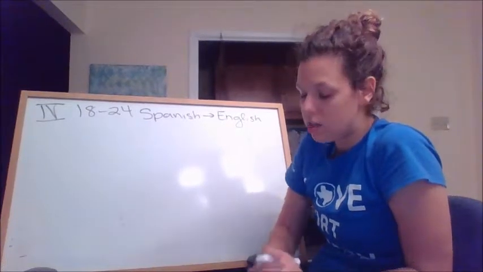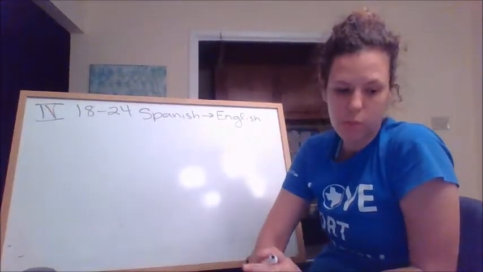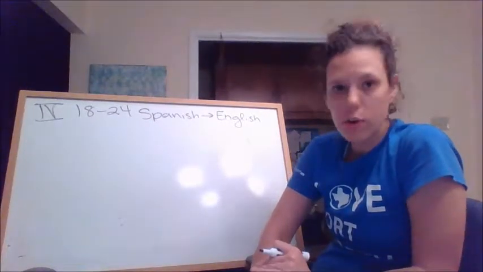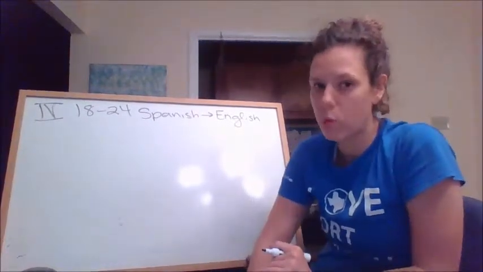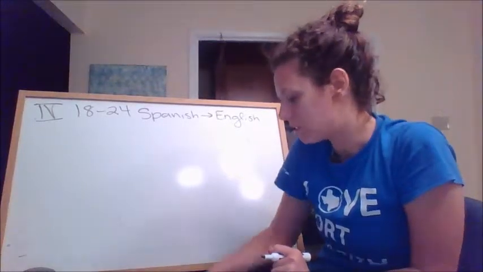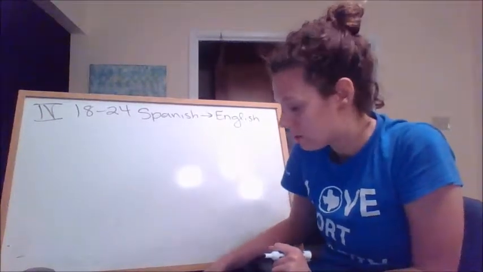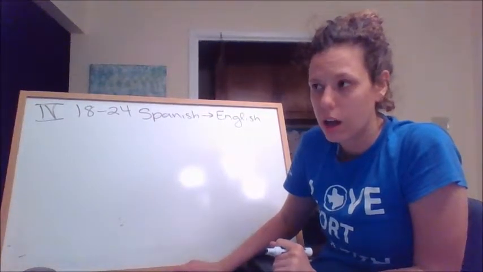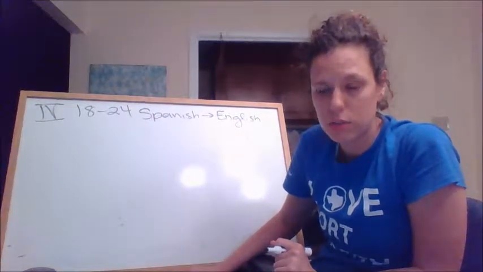So the directions say translate the following words to English. Both sections 4 and 5 are going to cover all of the vocabulary that was in chapter 1. Now I am going to tell you what pages this is supposed to be on. I think I gave you a vocabulary list from chapter 1.